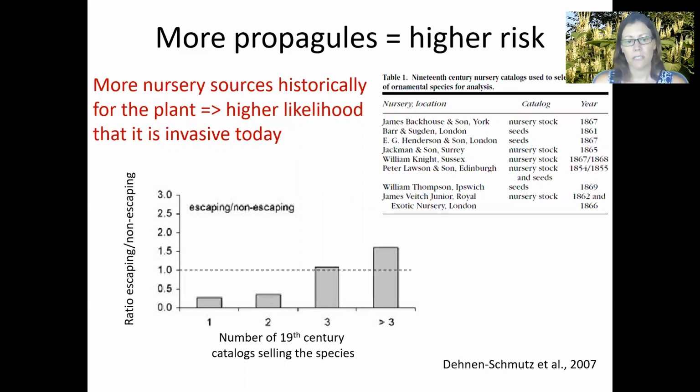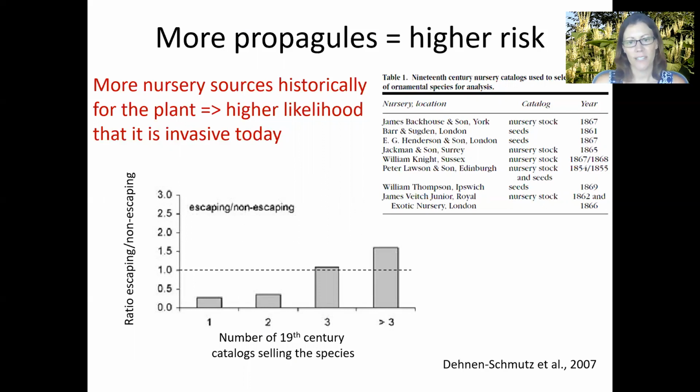And what it shows is that the more times it was sold in these 19th century nursery catalogs, the higher the likelihood that species would be escaped today. And that goes back to this idea of propagule pressure, right? So if somebody plants it once in their garden, and then the species is no longer available for sale, well, that species might die, forget to water it, whatever happens, you just don't have a green thumb. And that species fails to reproduce, and you have an end to the potential invasion pathway for that species.